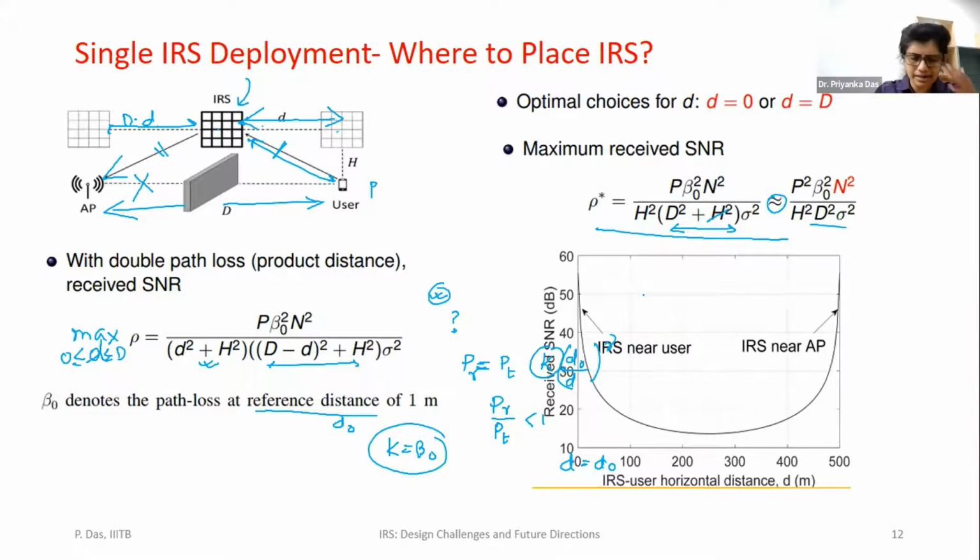So now let me do some justification, or understand this equation better, in a plot. We plot the received SNR versus small d. Obviously I should have maximum SNR when d equal to 0, meaning that when the IRS is located next to the user. This is the received SNR versus d, and in between I am getting this kind of curve, which tells that it decreases, it minimizes, then it increases.